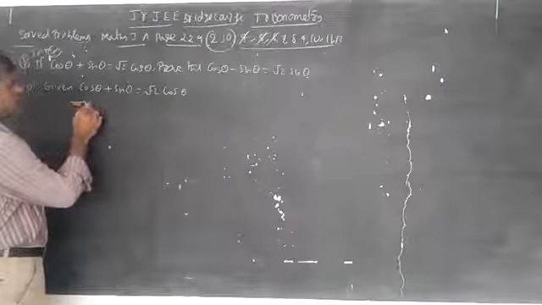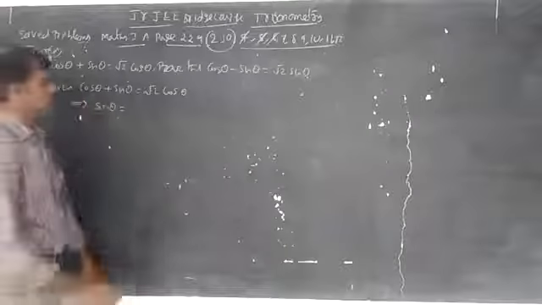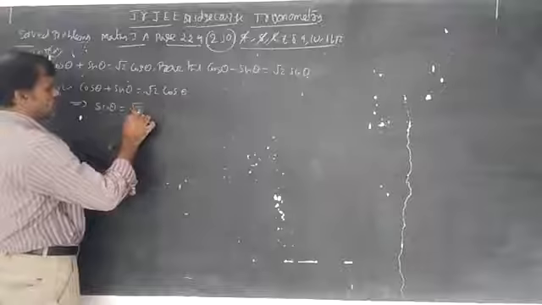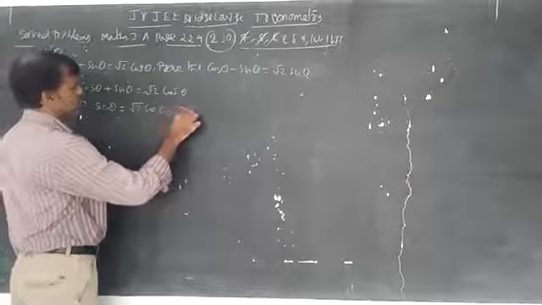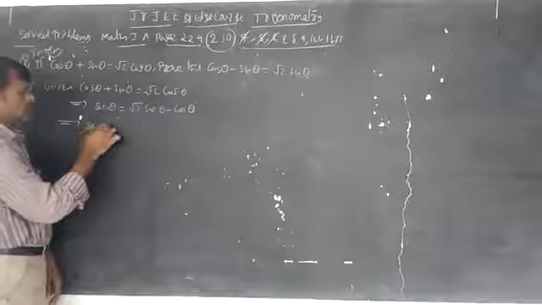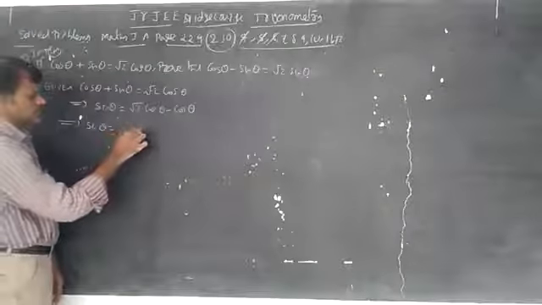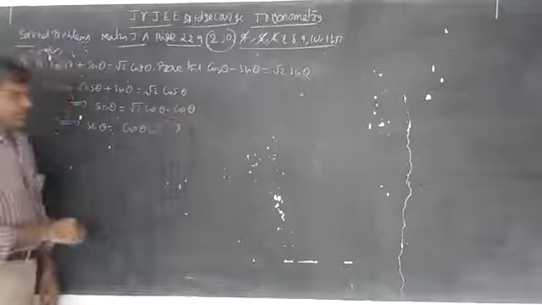That implies sin theta is equal to root 2 cos theta minus cos theta, taking cos theta to this side. That implies sin theta is equal to cos theta taken common, it becomes root 2 minus 1.